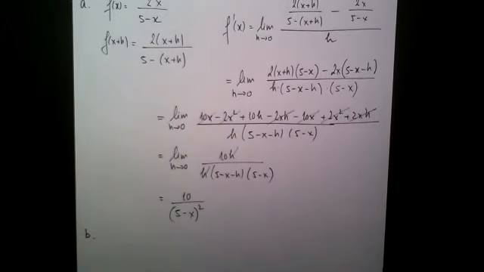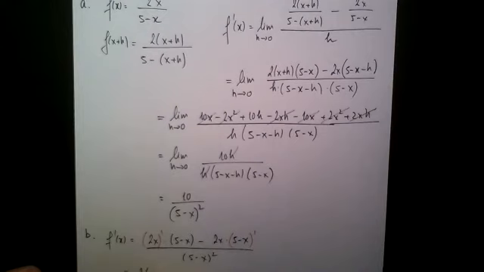Any questions? Okay, good. Let's go. Second part is using the derivative rules. So let's use the quotient rule. The derivative of the top times the bottom minus the top times the derivative of the bottom, over the bottom squared. u prime v minus u v prime.